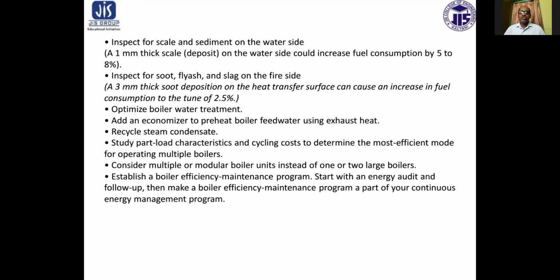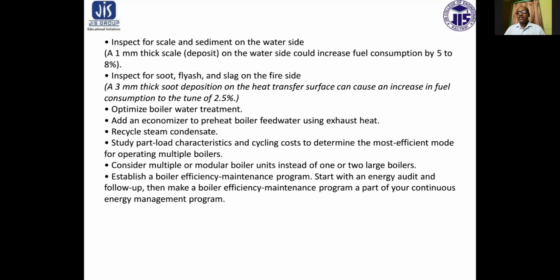Inspect for soot, fly ash and slag on the fire side. That means from the furnaces, where the fly ash, slag, etc. are removed, that part we need to inspect.